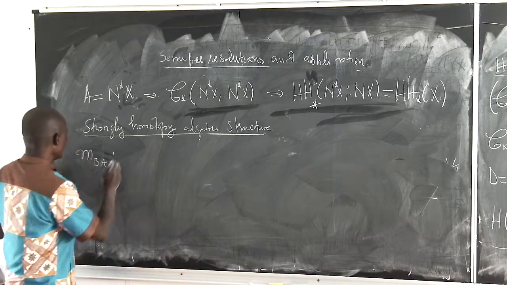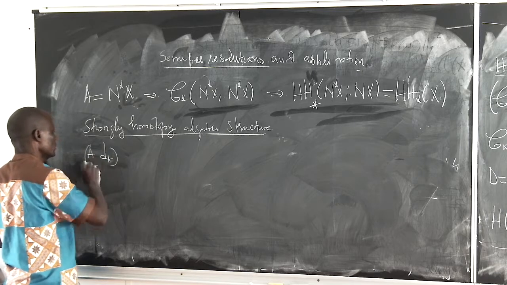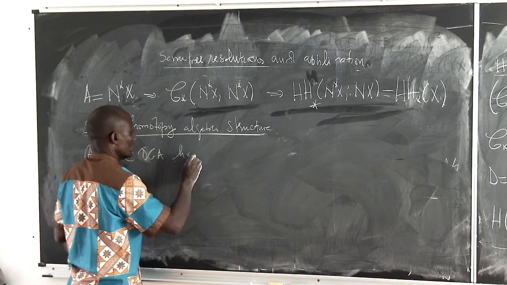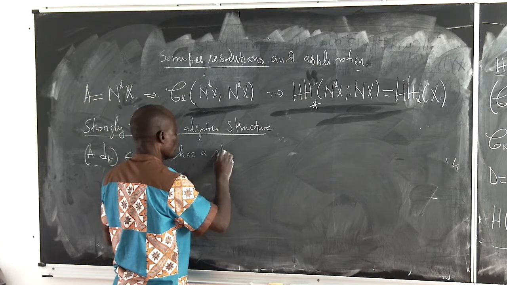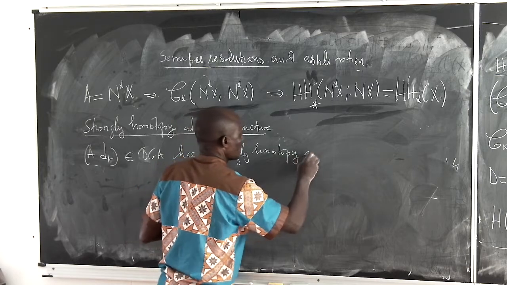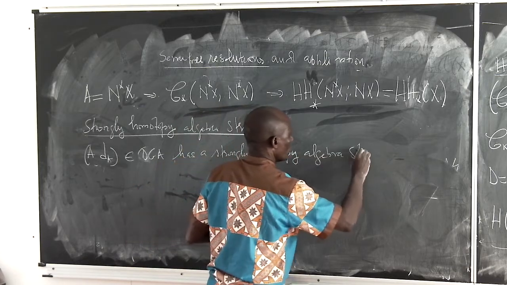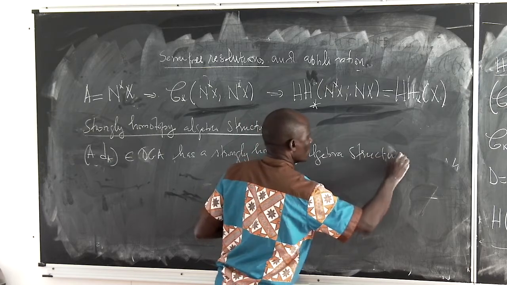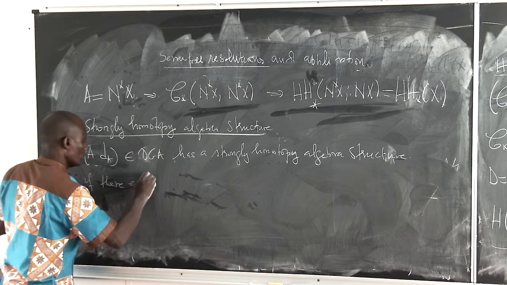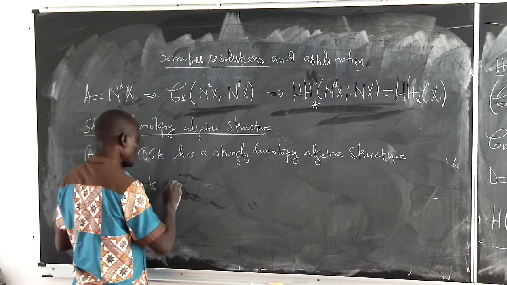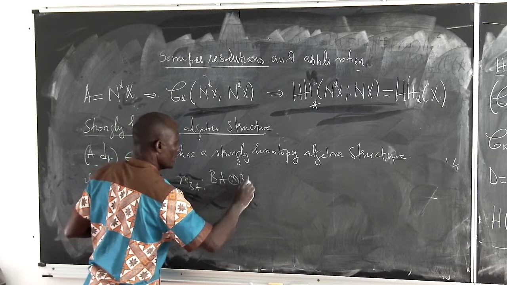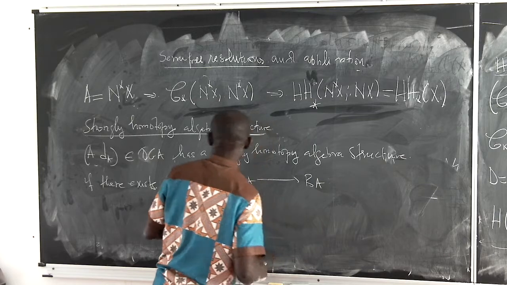So we say that a differential algebra A, D, E, has a strongly homotopy algebra structure if there exists a coalgebra map denoted MB from BA tensor BA to BA, satisfying some properties.